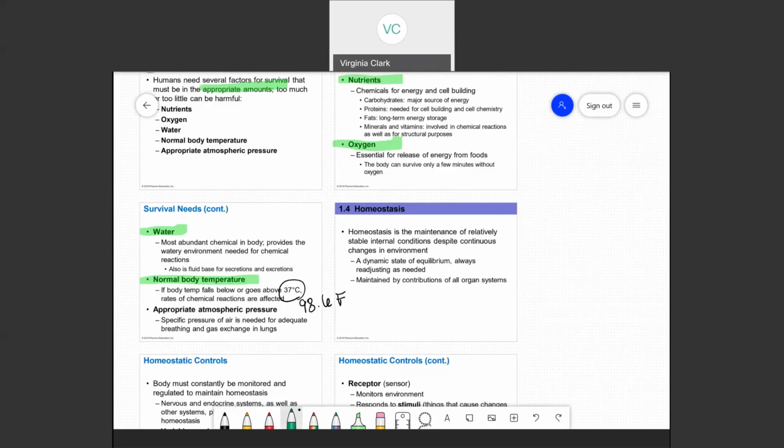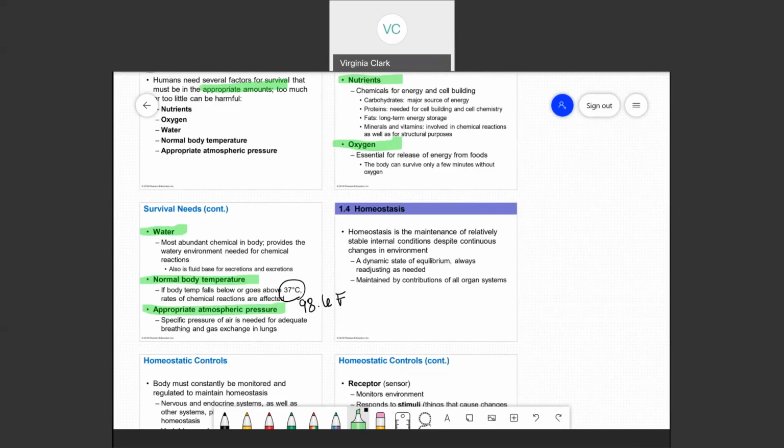And then looking at, this is probably one that we're not super familiar with, atmospheric pressure. So there is a very specific level of atmospheric pressure that we need to be able to maintain. This is why if you've ever gone to Denver or you've gone up to one of the tall mountains, there's different patterns and different depths of being able to breathe.